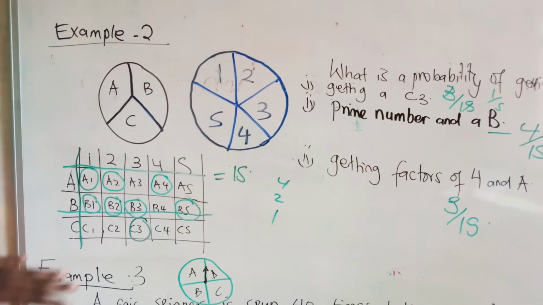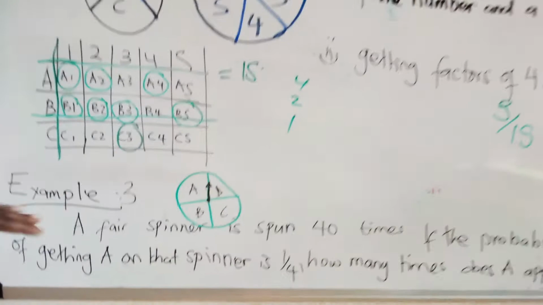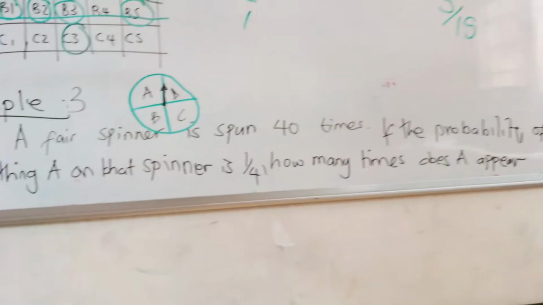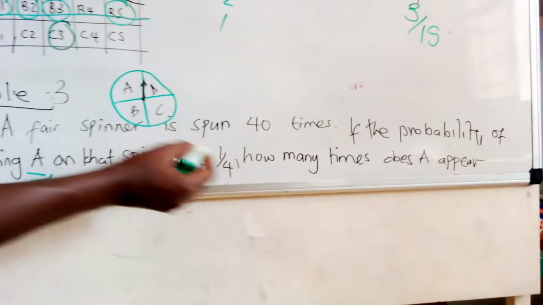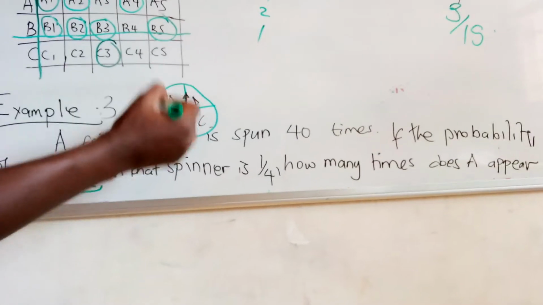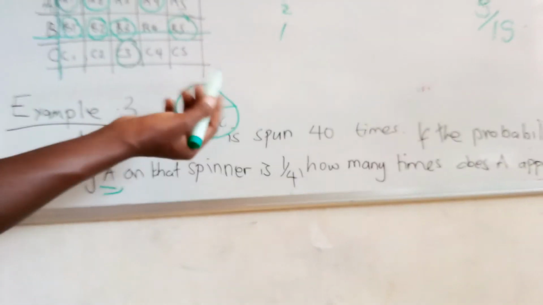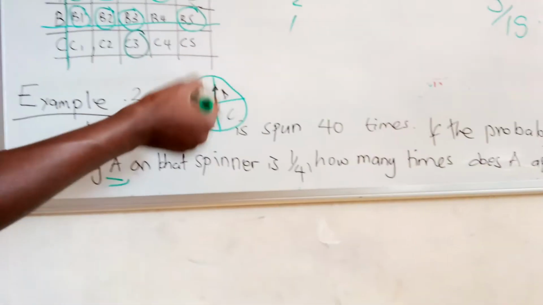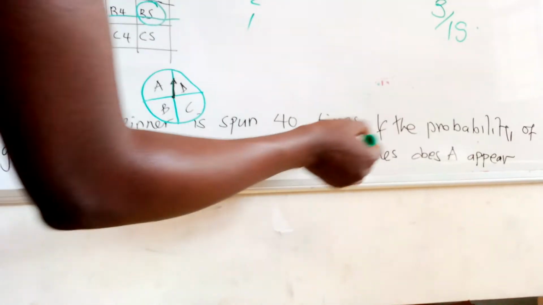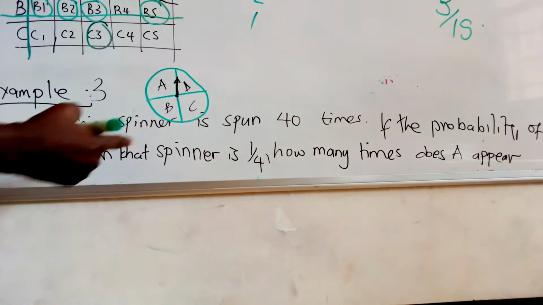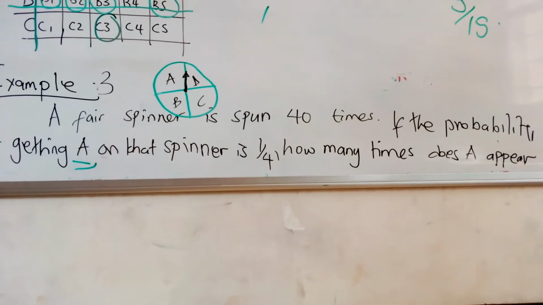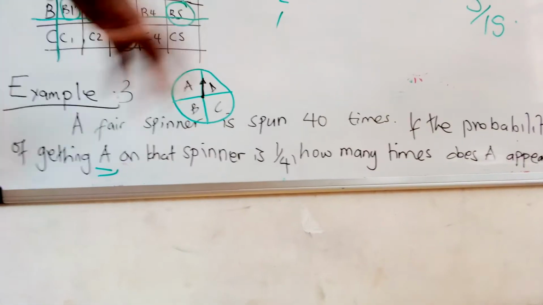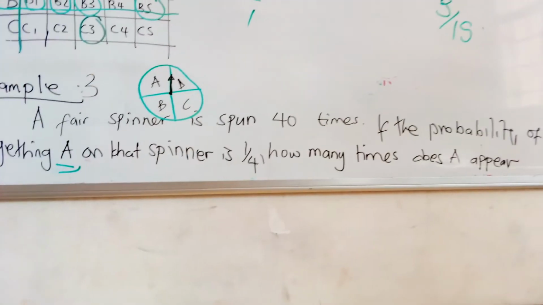And if you look at example 3, here we are having a fair spinner that has been spun 40 times, and they are telling us that the probability of getting A is a quarter. If you look at this, it has 4 portions. The probability of getting A is 1 out of 4. They're saying how many times does A appear? For such cases, we can't say that it is independent events because it is one event.